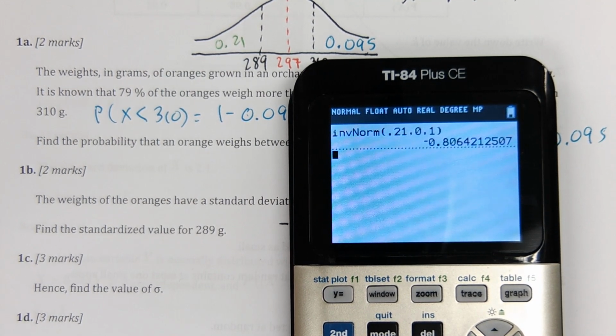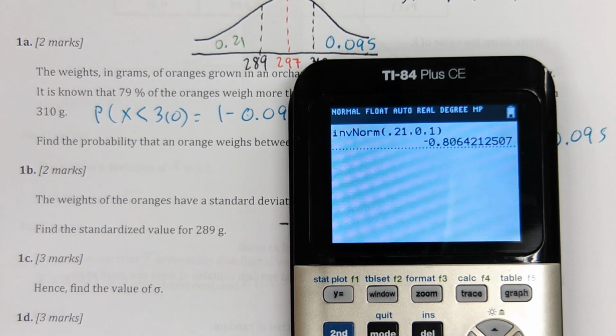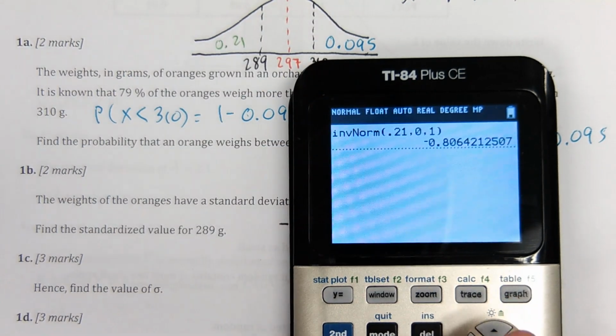But what it's giving you is the X value on the standard normal curve, where the standard deviation is 1 and the mean is 0. So it's telling you how many standard deviations. Inverse normal will give you back the number of standard deviations that you are away from the mean. So negative 0.806 would also be the z-score. That is the z-score.